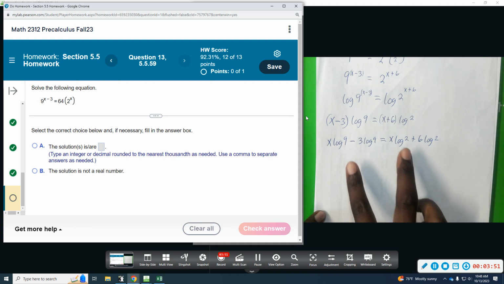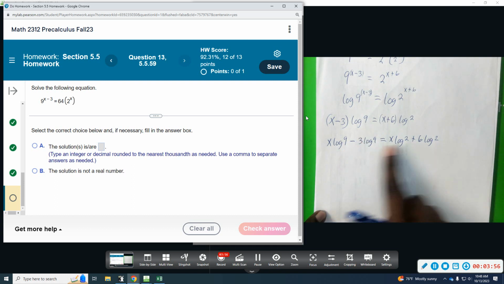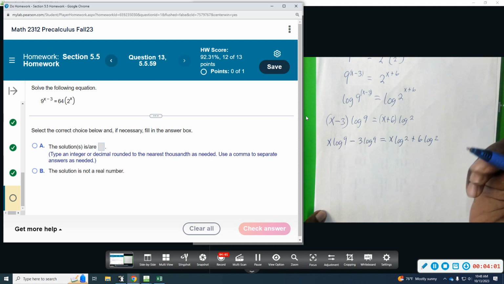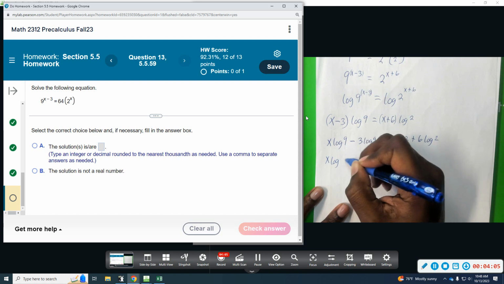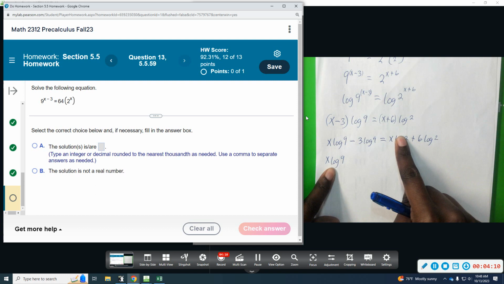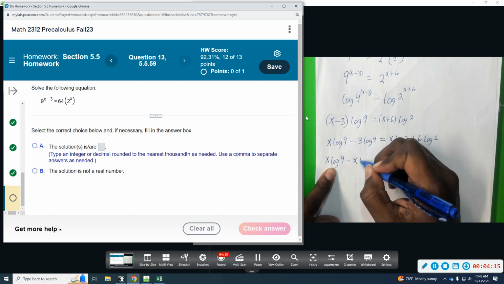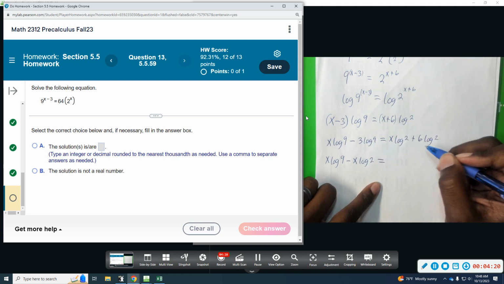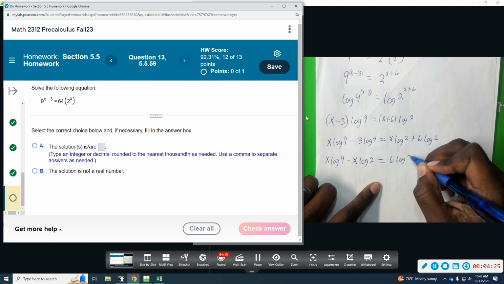Alright, so now I'm going to combine the two logs with x, and I'm going to move these over. I'm going to add this and move it over here, and subtract this and move it over here. So that's going to give me x log of 9, and this guy's going to come over here, so I'm going to have to subtract it: minus x log of 2, and then equals 6 log of 2.